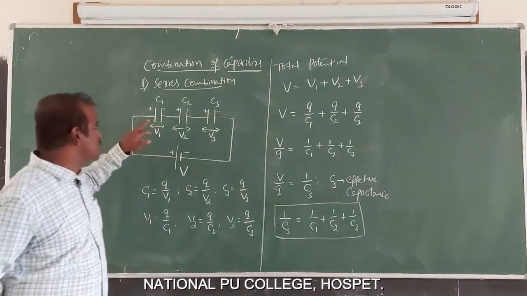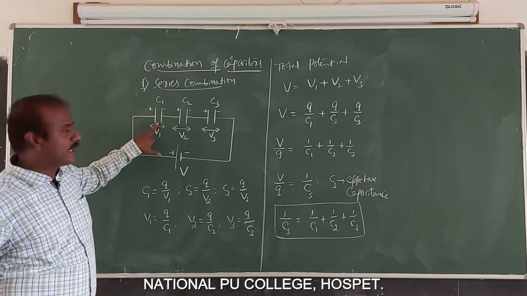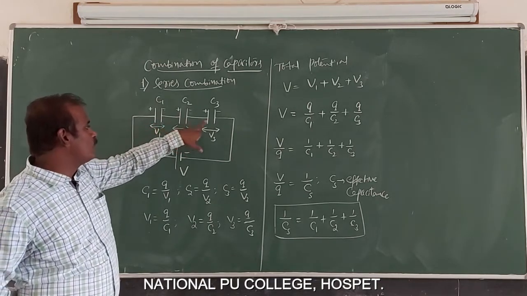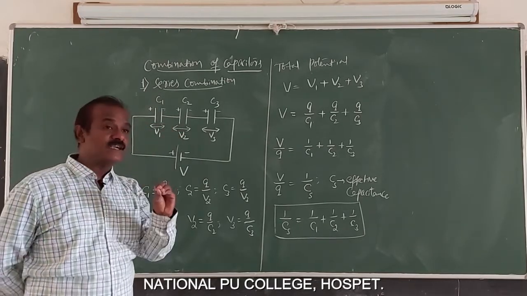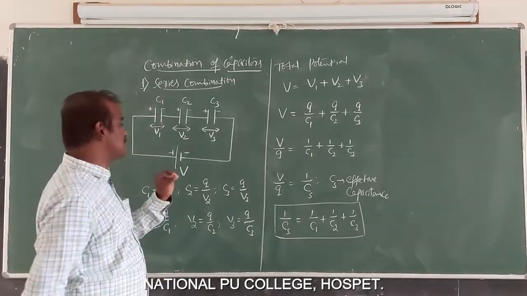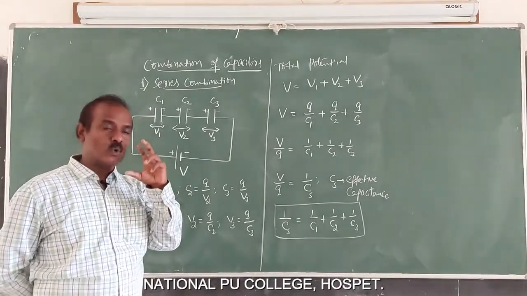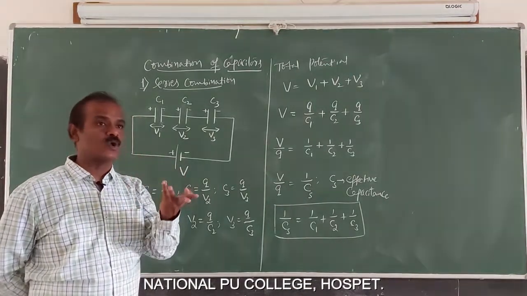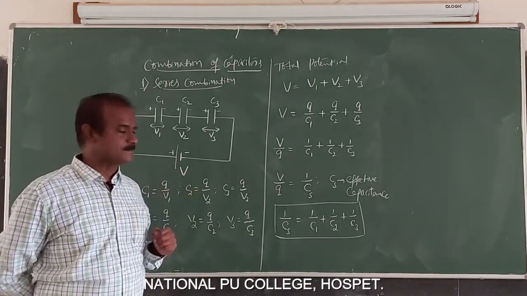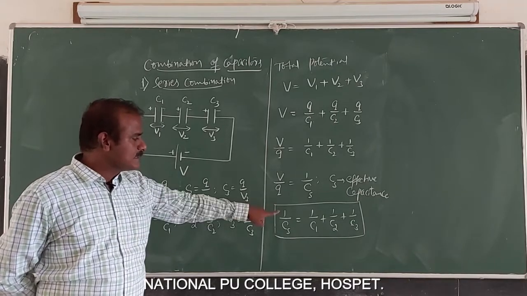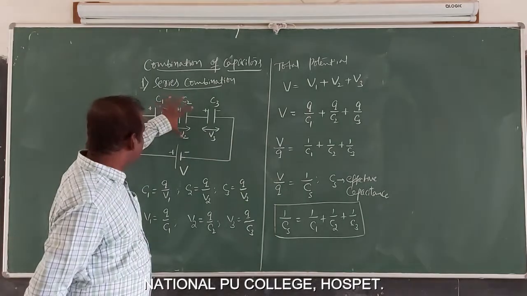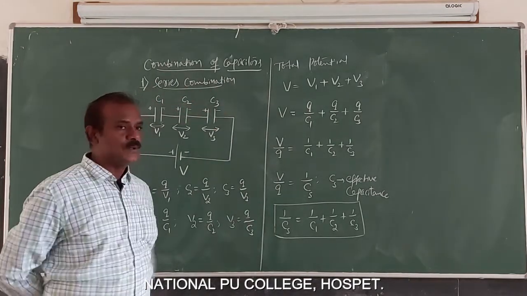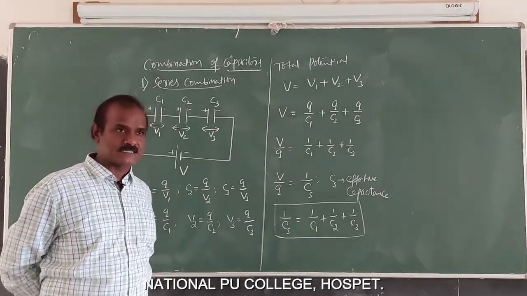Suppose you have capacitors of 2 microfarad, 3 microfarad and 4 microfarad in series, then the net value would definitely be less than the lowest, 2 microfarad. Maybe you get 1 microfarad, even less. That is effective capacitance. So when capacitors are combined like this, the effective value decreases.